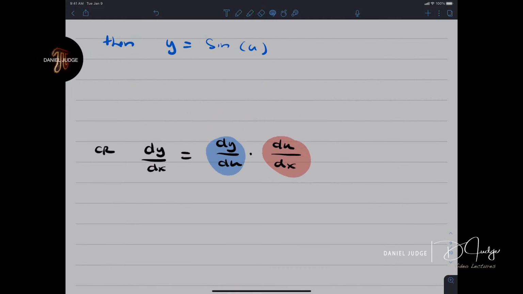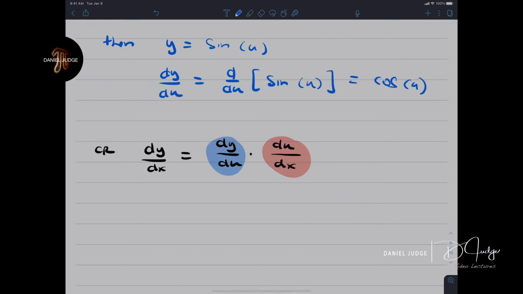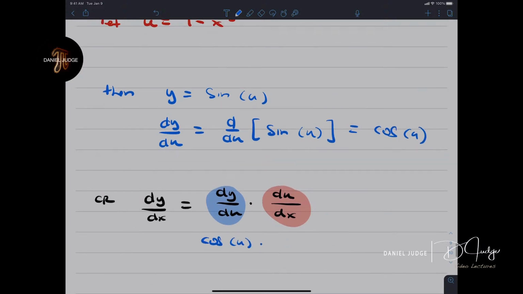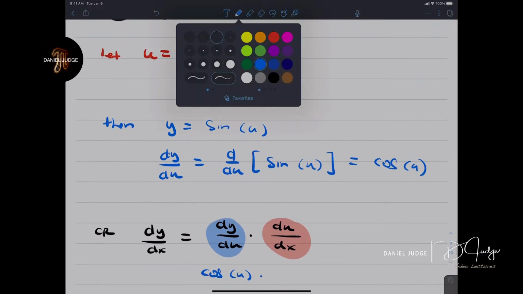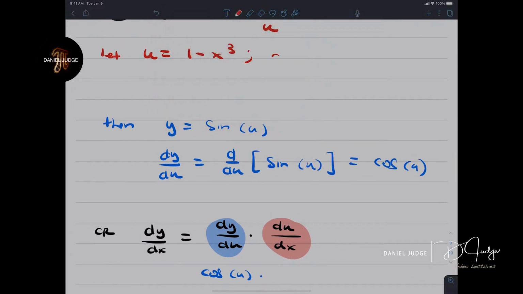So here we need dy du again. Dy du is the derivative of sine, which is cosine. So we get cosine u. We need du dx.